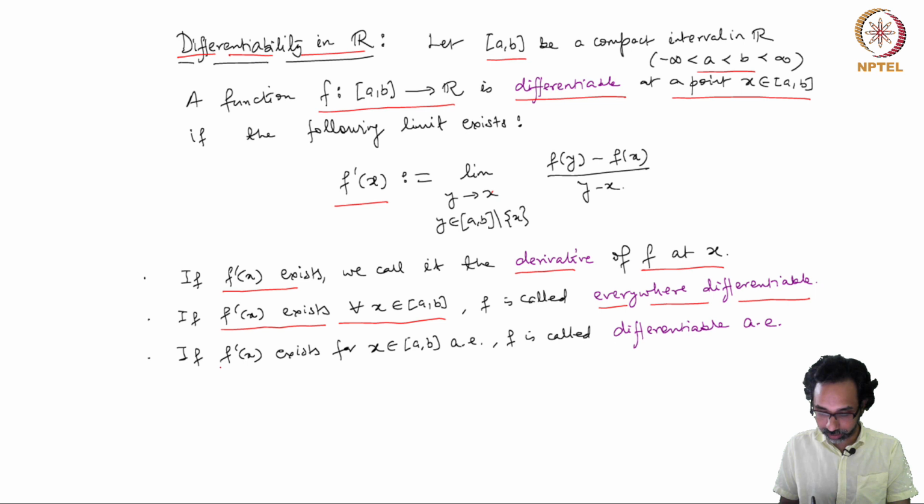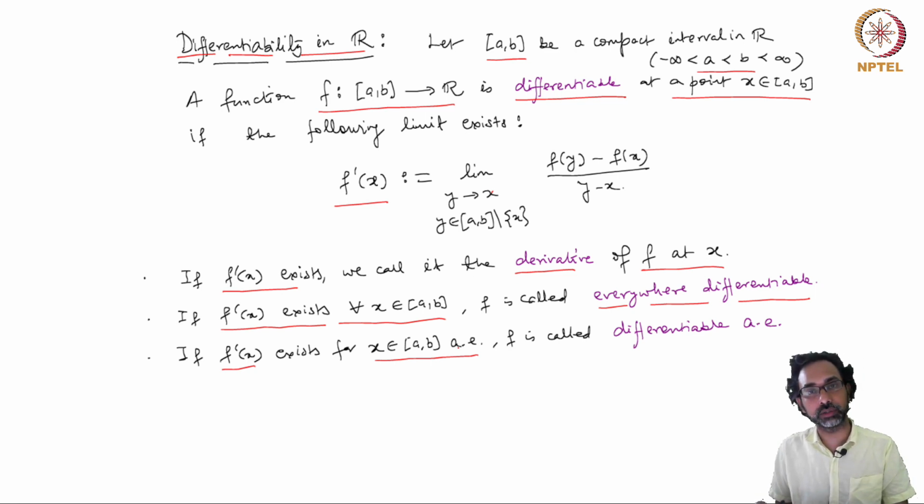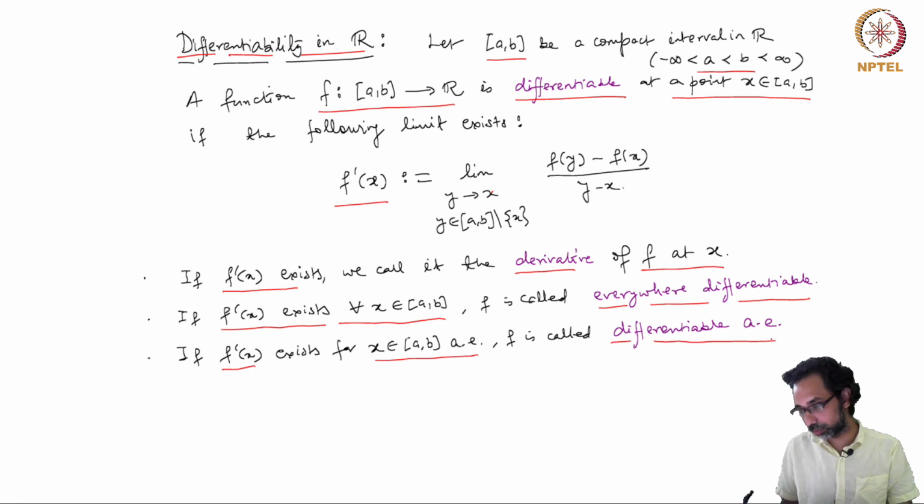And finally, if f'(x) exists for x in [a, b] almost everywhere, so outside of a null set in [a, b] with respect to the Lebesgue measure, then f is called differentiable almost everywhere.